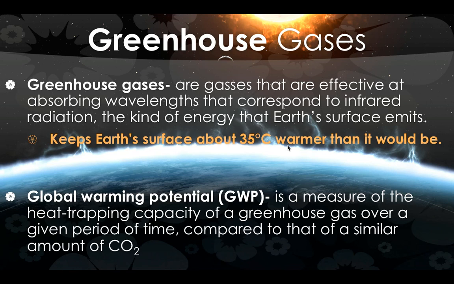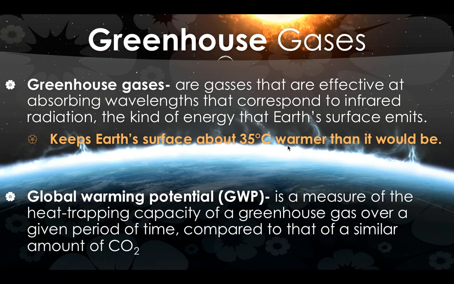So they are not greenhouse gases. Greenhouse gases exist in small amounts. Most of the atmosphere is not made up of them, but they absorb enough heat to keep the Earth's surface, like I said, about 35 degrees warmer than it regularly would be.